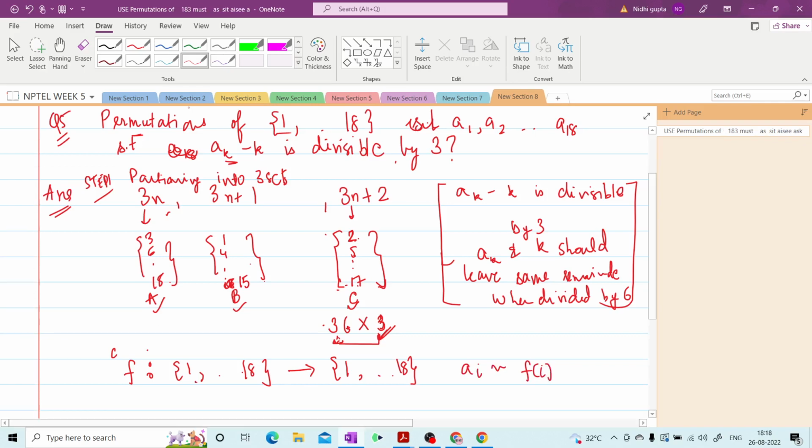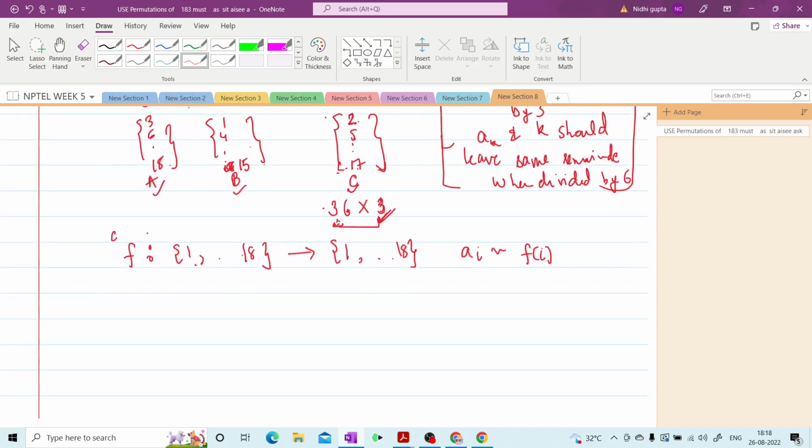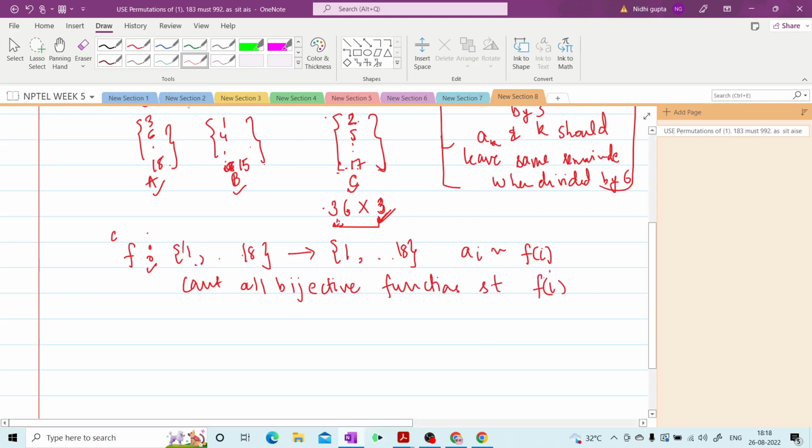So you want to count all bijective functions which satisfy this property: bijective functions such that f(i) minus i is divisible by 3. This was the question.